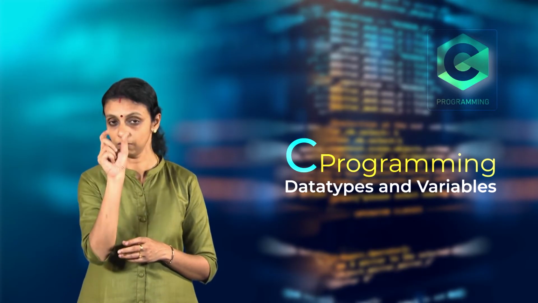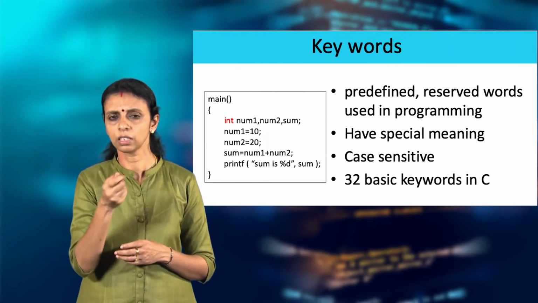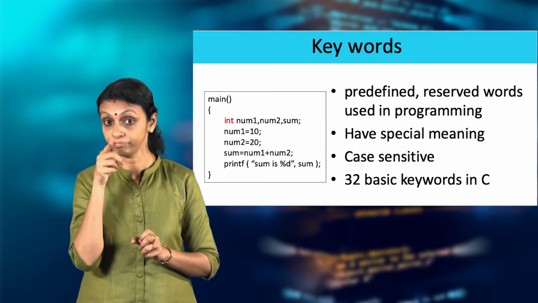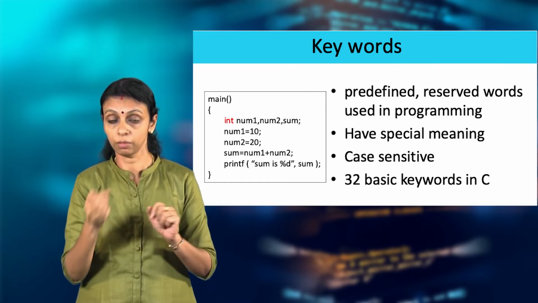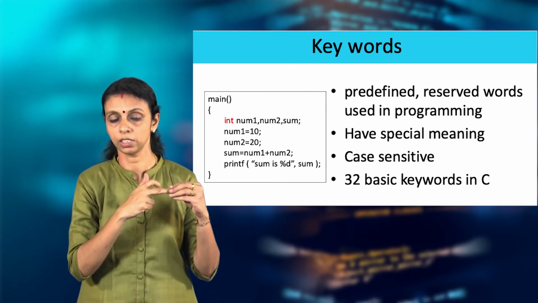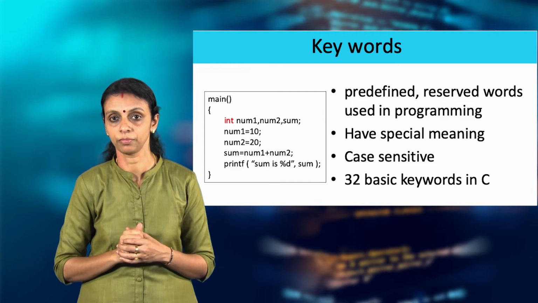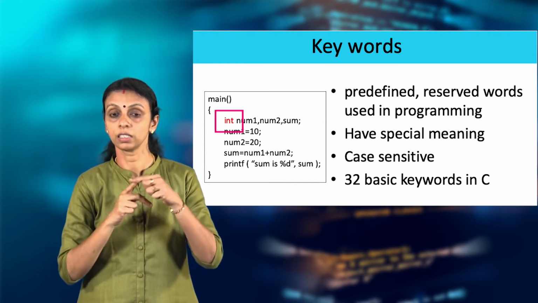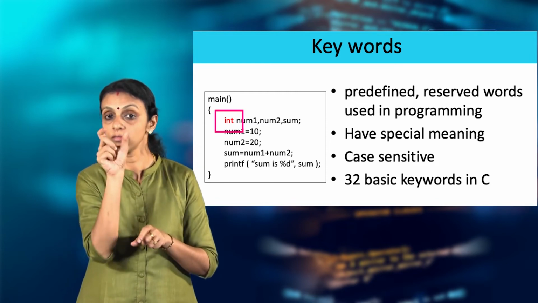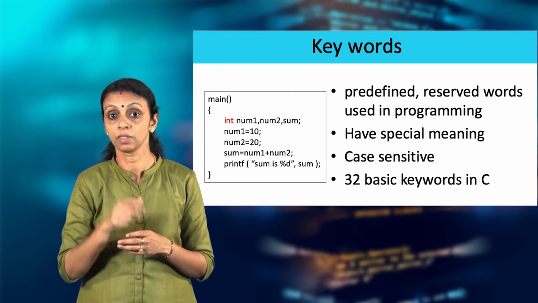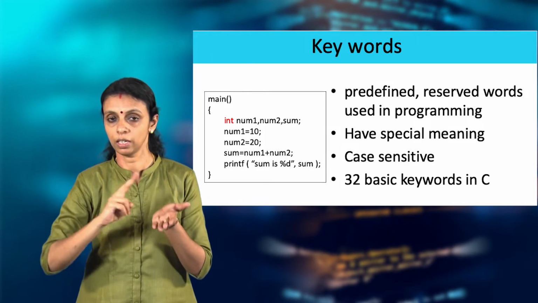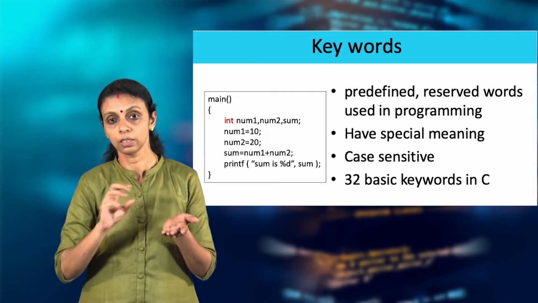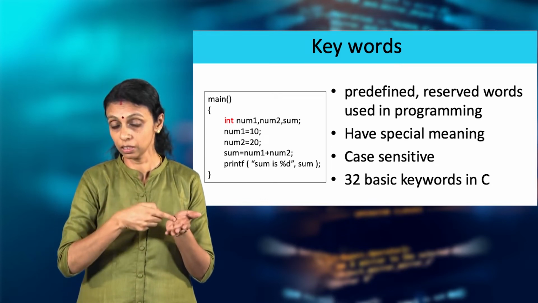Keywords. Keywords are predefined, reserved words used in programming. They have special meanings. In the example, int is a keyword. That is, it says num1, num2 and sum memory areas can store only integer values.